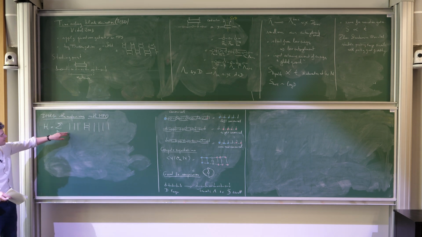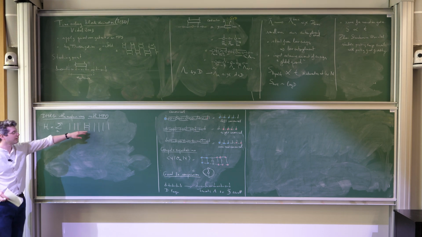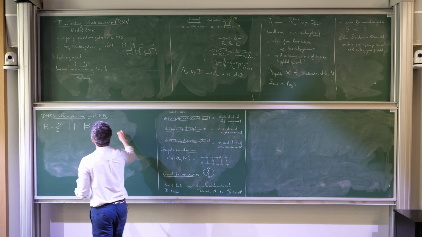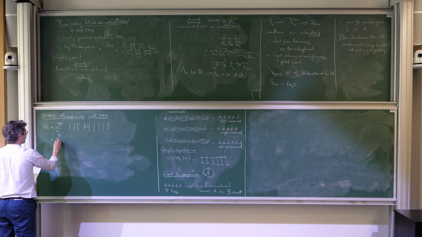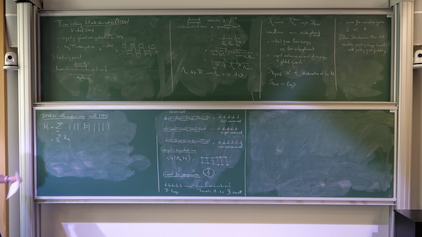That is, it's the identity, and then on two sites it acts non-trivially, and then it's the identity. So what I'm writing here is essentially a sum over k of h_k, where each h_k has a tensor product structure. But what is pretty annoying is that this H is a sum of tensors.